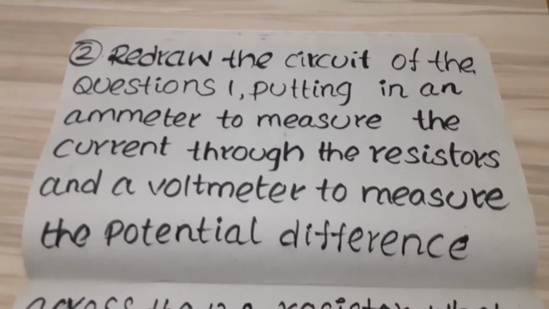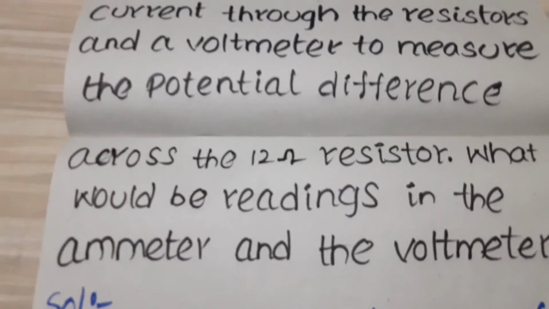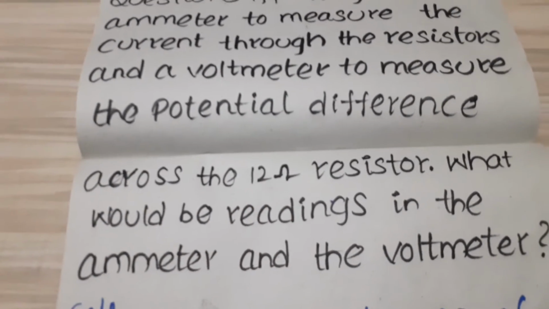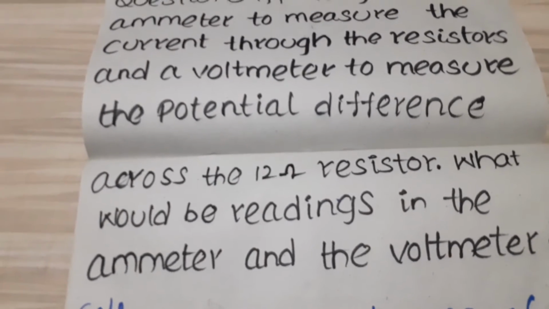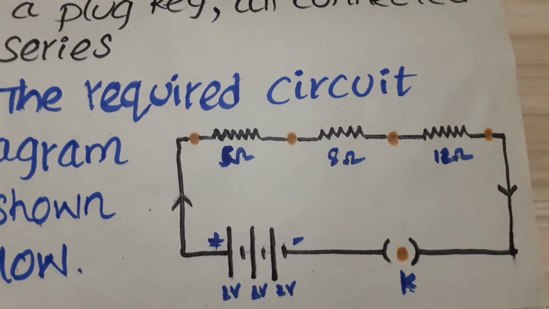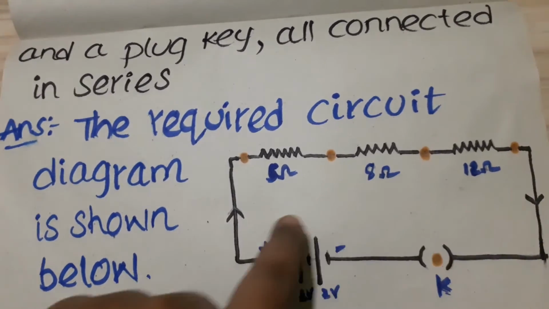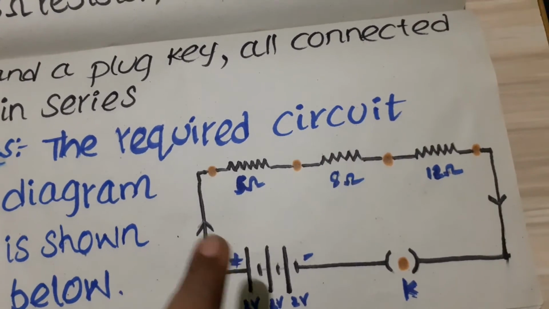In this question, they are asking about the 12 ohm resistor, and we have to find the values of current and potential difference. This is the circuit. At the particular 12 ohm resistor, the voltmeter and ammeter are connected in the circuit, and we have to measure the particular value.